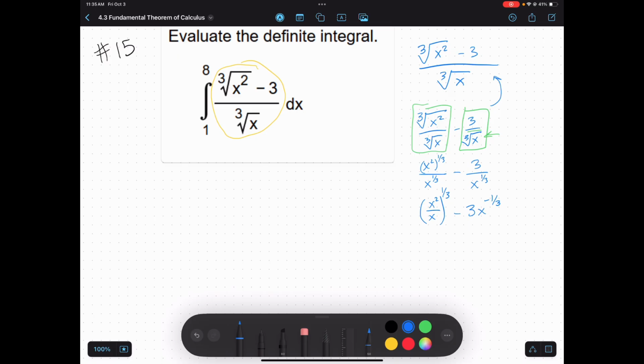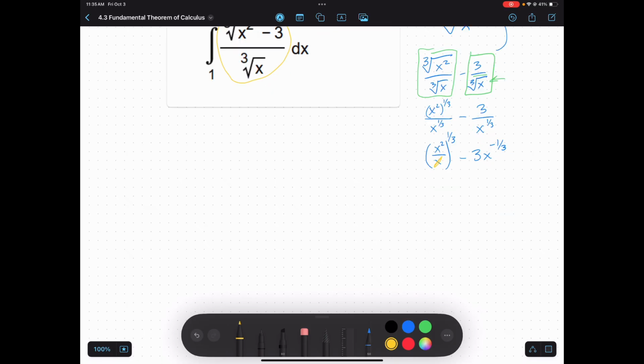Why is that helpful? Because what's x squared over x? That bottom x cancels out with one of the x's in the numerator. All you're left with is just x over 1 raised to the 1/3. And what's x over 1? x over 1 is just x. So I'm left with x to the 1/3 minus 3x to the negative 1/3.